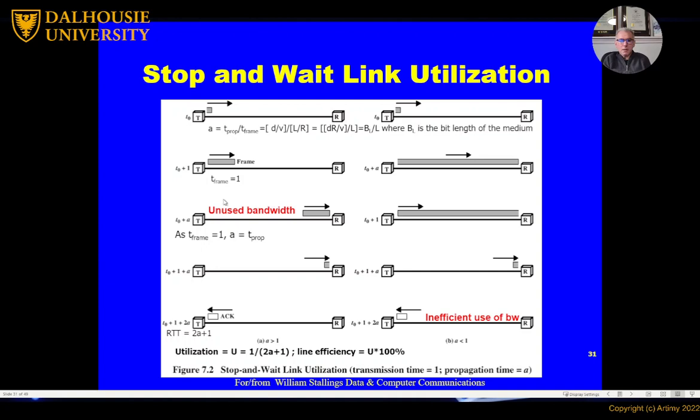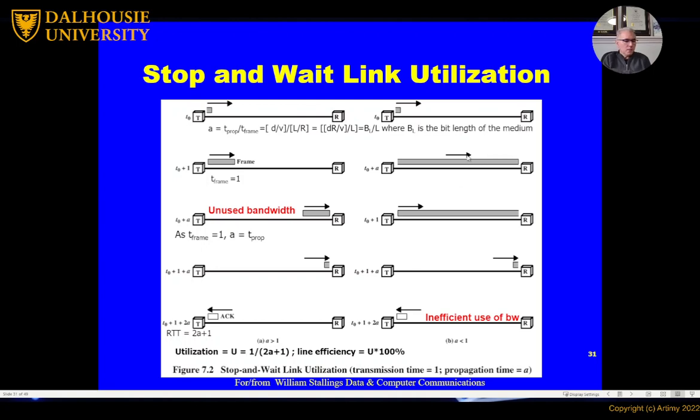to another, and there's a lot of unused time here, just waiting for the frame to come to the end, and then an acknowledgement comes. That happens when the frame takes less time than the propagation time.